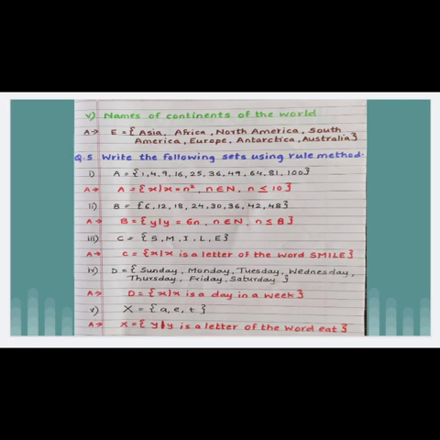Last example. Set X equal sign curly bracket small a, small e, small t. Now students, these are the letters from one word. Can you imagine or can you recognize which word it is? These are the letters coming in two words. Either you can use any one word.